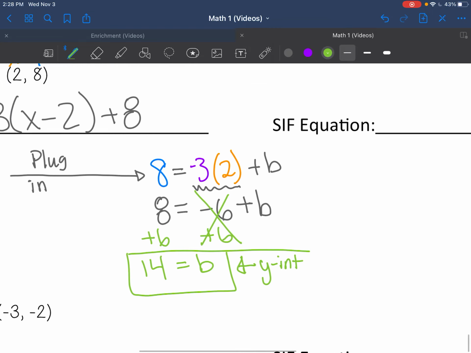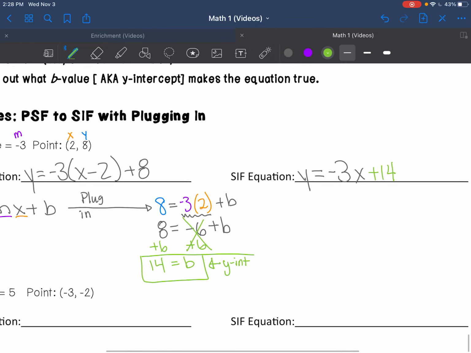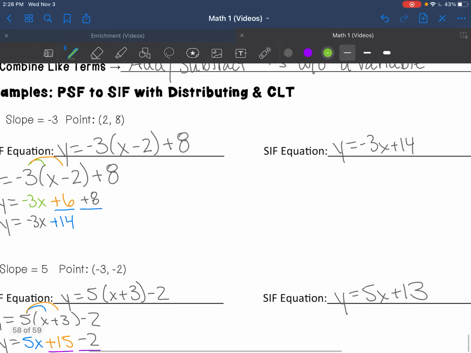So we can plug that into our slope-intercept form. So we have y equals, our slope was a -3x, and we figured out the y-intercept, which was a +14. And this matches with number 1 from earlier. It was the same problem, and we got the same slope-intercept form.